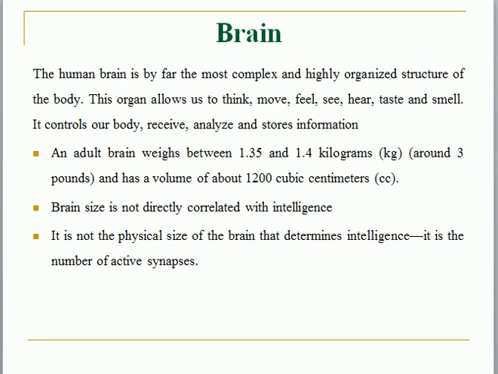So the human brain is by far the most complex and highly organized structure of the body, and this organ allows us to think, move, feel, see, hear, taste, and smell. Whatever we do, it's because of the brain. It receives, interprets, and stores information, and gives us outputs.